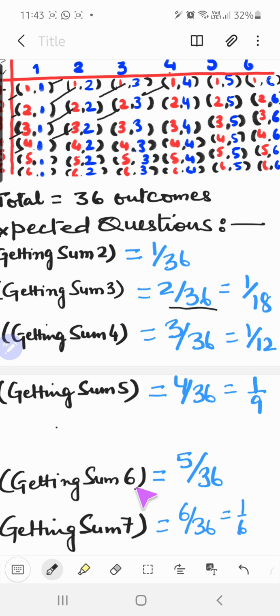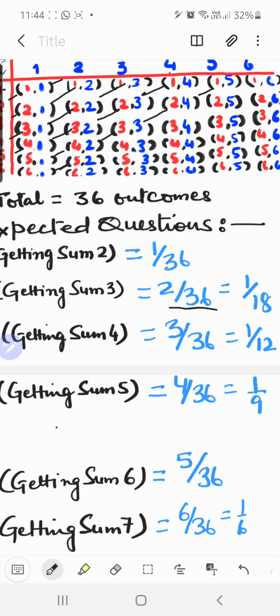Similarly, getting the sum equal to 6. We will follow this diagonal, and in this diagonal we have 5 outcomes. So 5 favorable out of 36. Therefore, the probability of getting the sum 6 is 5 by 36. What is the probability of getting the sum 7?